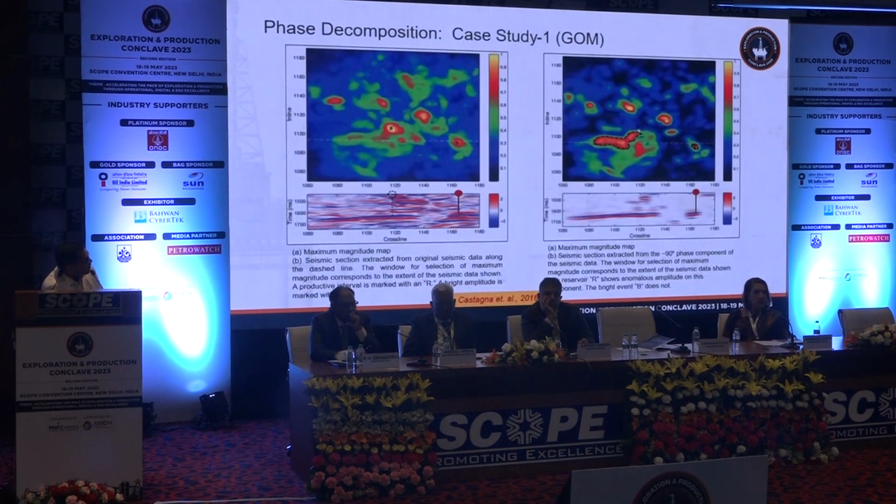Sorry, this is one of the case studies done by Professor Castagna along with the clients in the Gulf of Mexico. On the left-hand side, there is a normal seismic, and there's an inline shown at the bottom at the location of the dashed line over the image, or I'll say the map, which is an attribute.